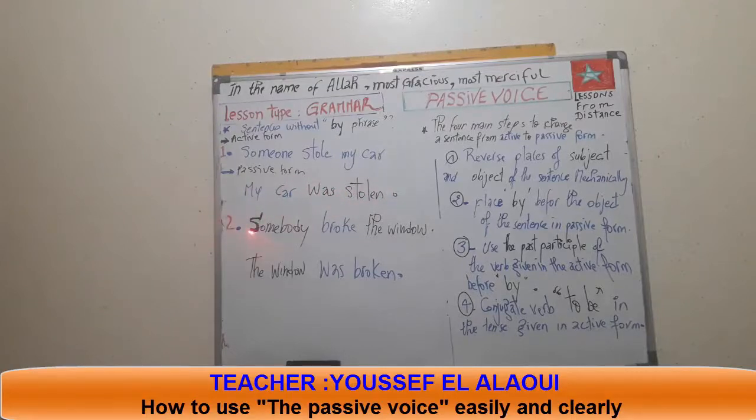Or another example, somebody broke the window. We say the window was broken, and we do not use by somebody because either the subject is not known or we don't want to know the subject, who does the action or who did the action, simply because at the very end the window was broken and we have either to repair the window or to buy another new window.